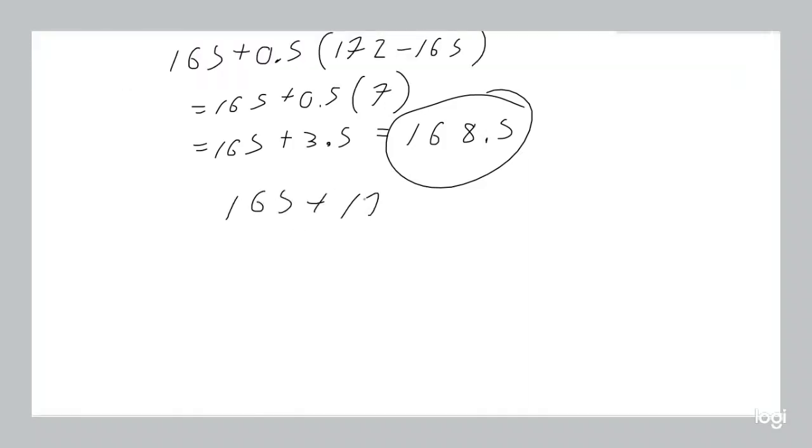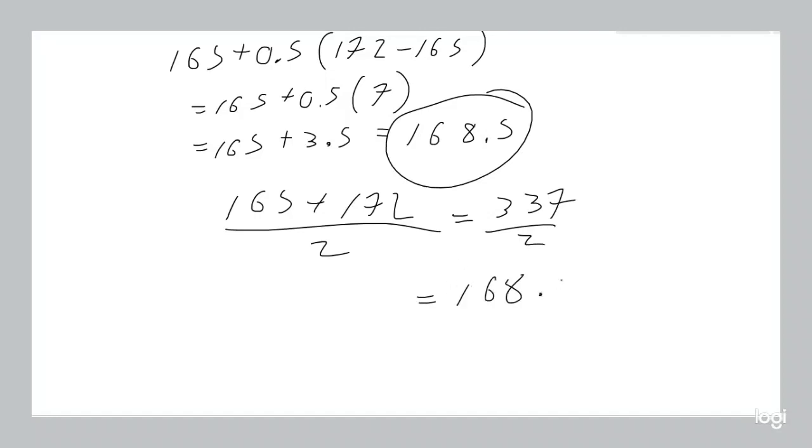That gives us 337 divided by 2, and that will give us, no surprises, 168.5. So that's percentiles and how to calculate them. So I'll see you next time.